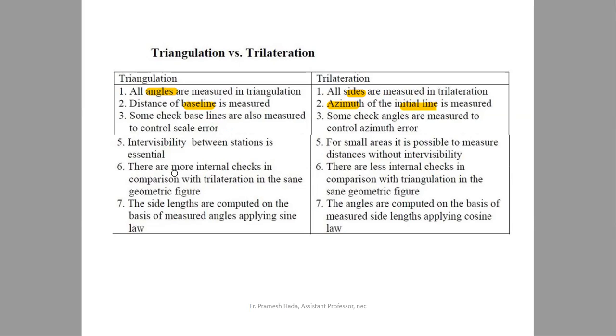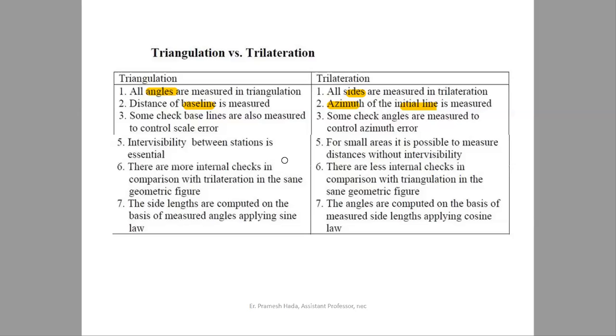Now, this point is important. That is, intervisibility between the stations is essential in case of triangulation, but in case of trilateration, visibility may not be essential for small areas, where distance can be measured of invisible stations also by some lateral means.